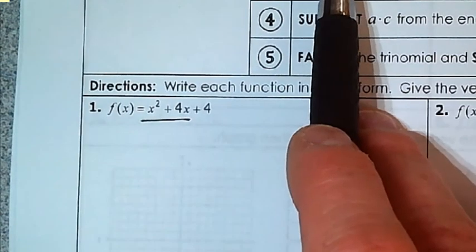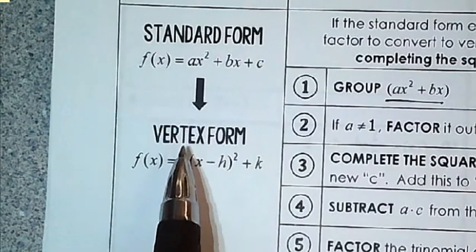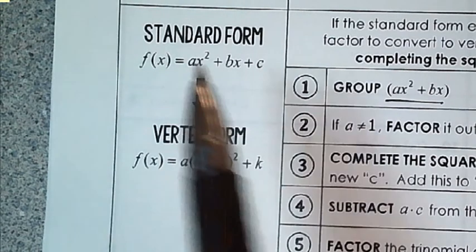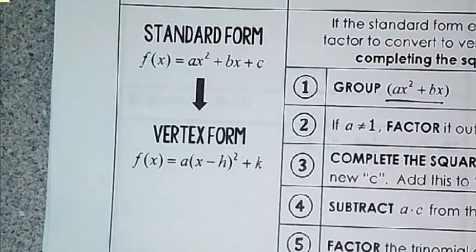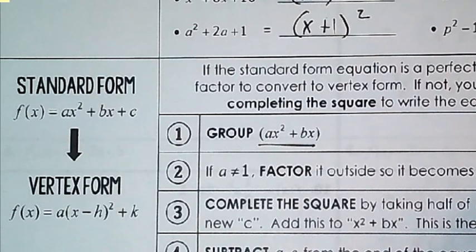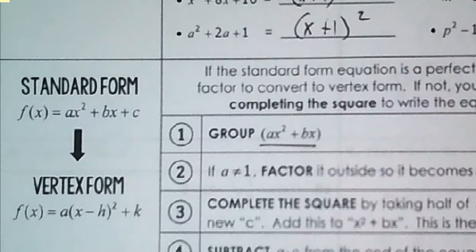In other words, if I had a number out front, and this a value right here, in our vertex form, or even this a value here actually, if this a is not equal to 1, I would have to factor it out. And I'll show you how to do that in just a minute. It would look something like this. It would be ax squared plus b over a, times x.